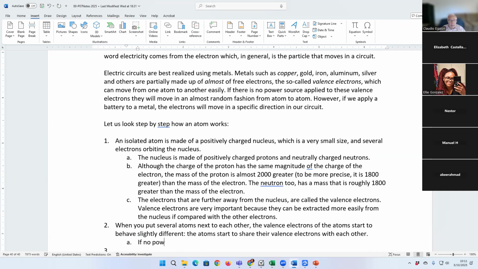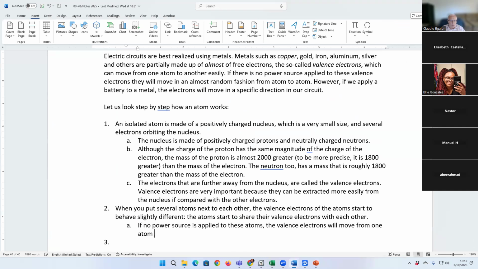If no power source is applied to these atoms, the valence electrons will move from one atom to another in a random fashion.